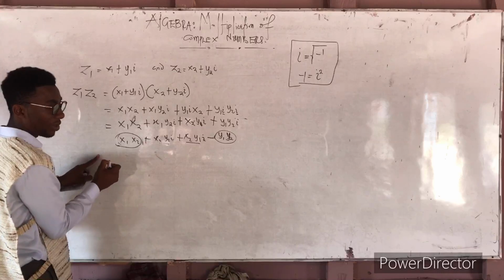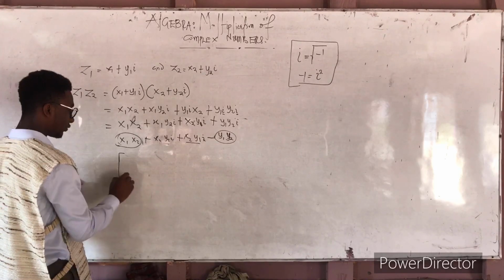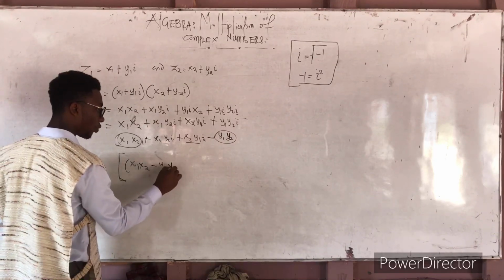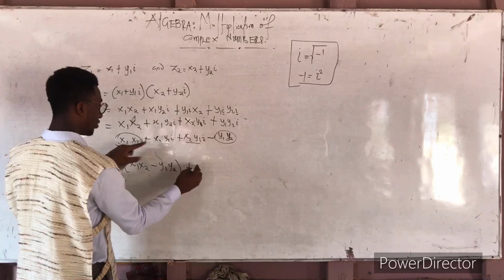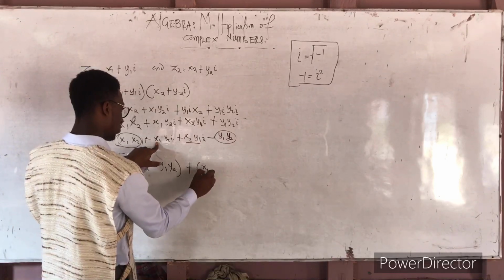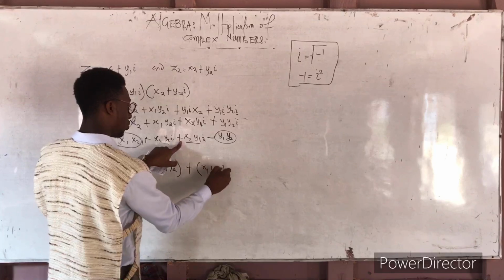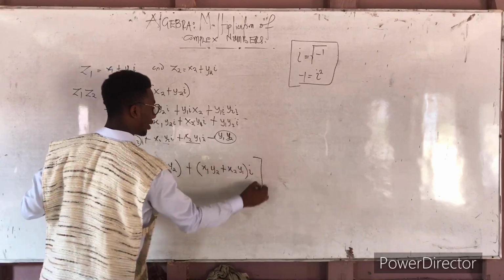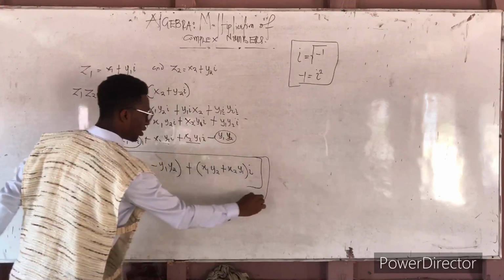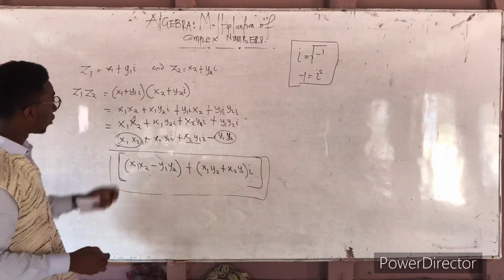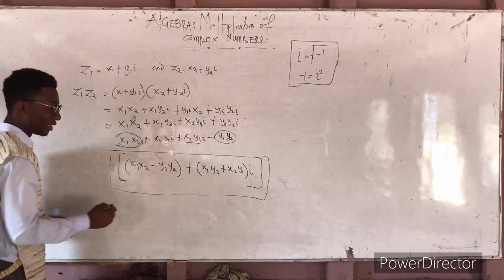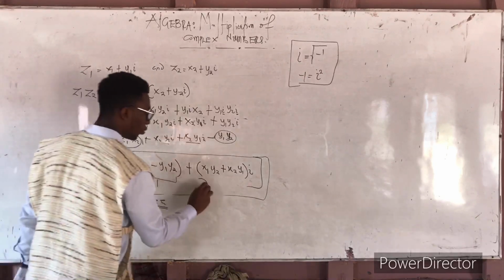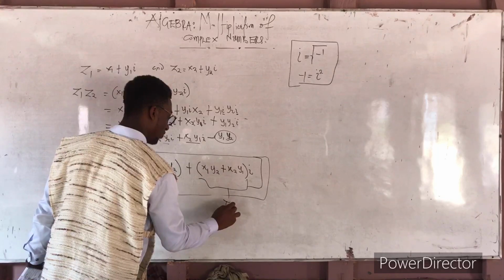So you can group the real part now. We have X1 X2 minus Y1 Y2, plus X1 Y2 plus X2 Y1, all times i. So we factorize the i out. When you multiply two complex numbers, this is what you expect to get. This whole part becomes the real part, and this whole part becomes the imaginary part.